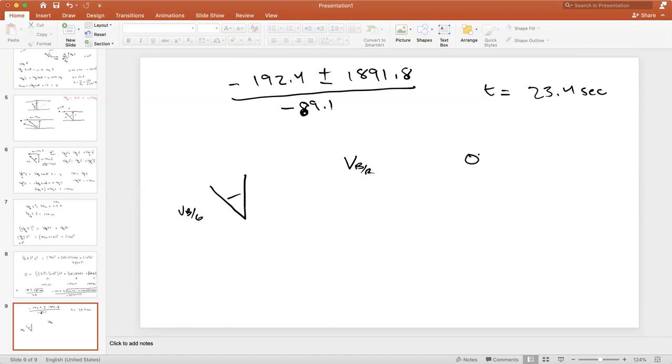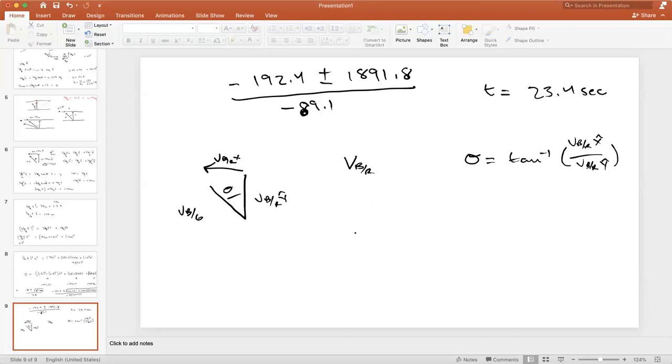So my angle is arctan, and remember that this will be my VB over R in the X, and this will be my VB over R in the Y. So I'm doing the tangent of the opposite over the adjacent, which is VB over R in the X over VB over R in the Y.